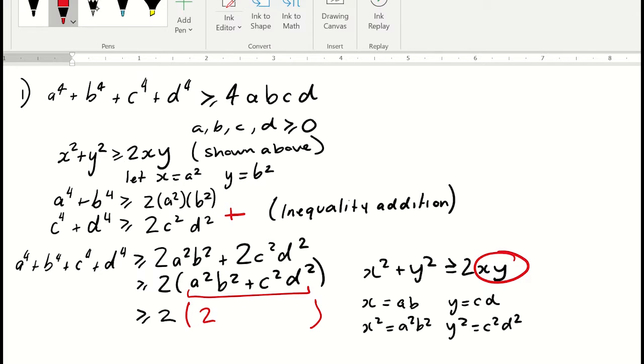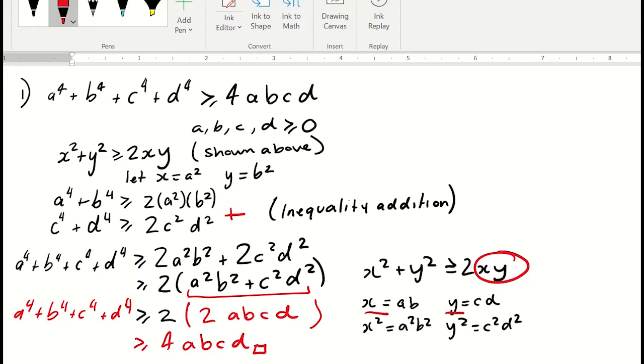Okay, so 2xy, and x is ab, y is cd, so I get abcd. There we go. Okay, I'm getting there. Which then gives me the value that they want, that is bigger than or equal to 4abcd.